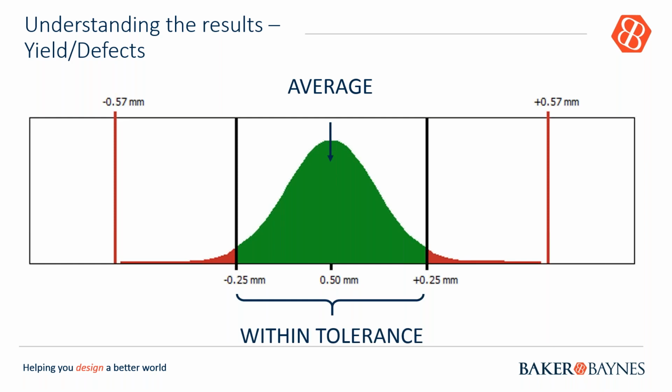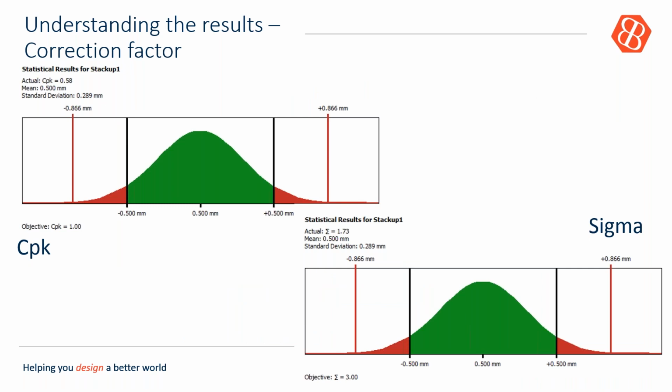The green section shows us the distribution of components that will fall within tolerance. And of course, the red section shows the distribution of components that will fall outside of the tolerance.